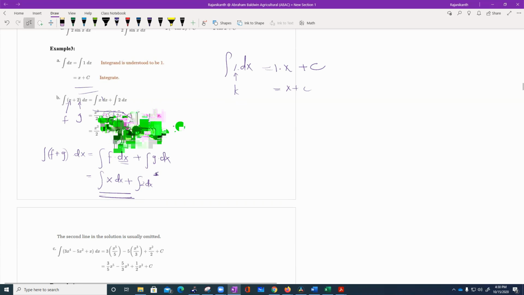So this is my final answer. If you have more than one constant in your final step, you could combine all the constants and relabel that as one constant. When you type your answer into a system like these problems, make sure that you combine them into one constant. Otherwise, it will always show you a wrong answer.